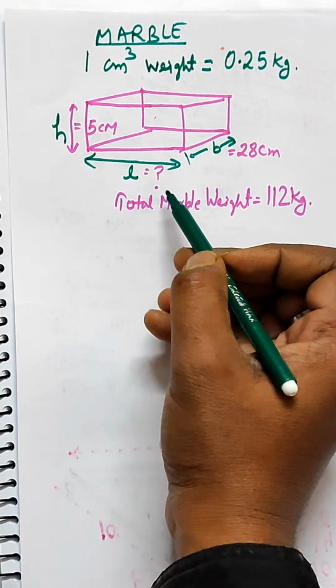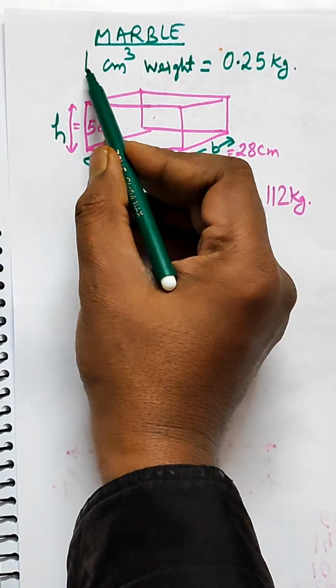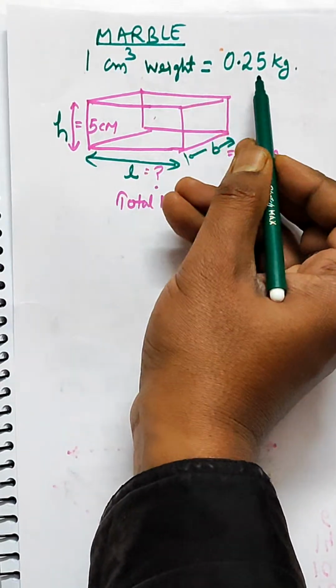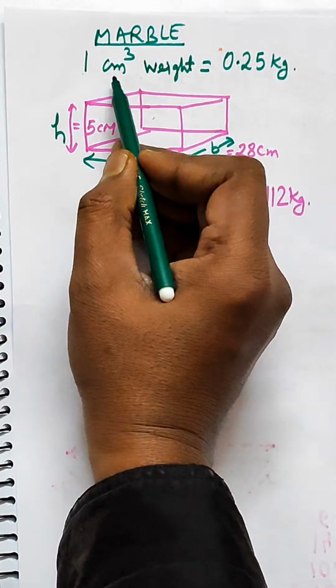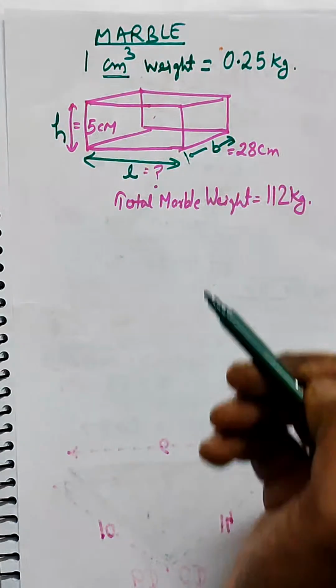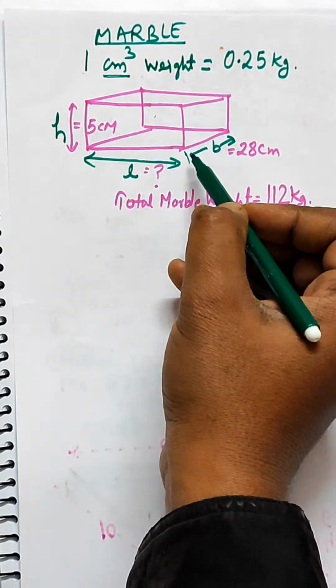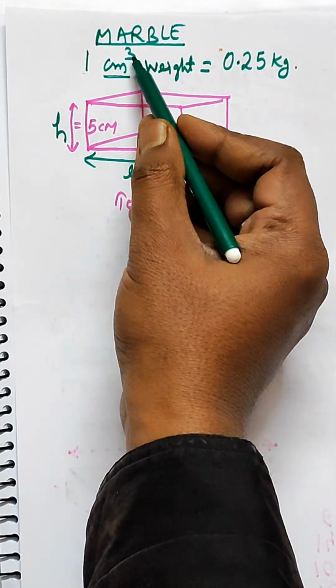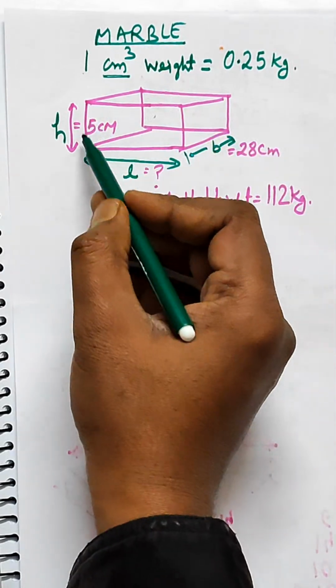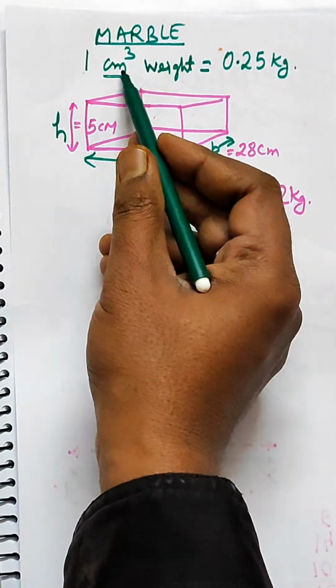Simply, you can see 1 cubic centimeter weighs 0.25 kg. So you can identify the unit, cubic centimeter. When does cubic centimeter come? That will be for volume, right?